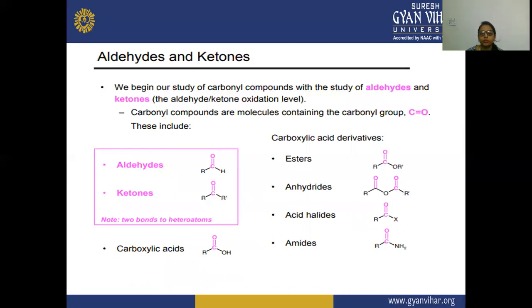Now, aldehyde and ketone. Here the study of carbonyl compounds begins with aldehydes and ketones. Carbonyl compounds are molecules containing the carbonyl group, C=O. So you can see the C=O is the carbonyl group, and these are the molecules containing this C=O group.